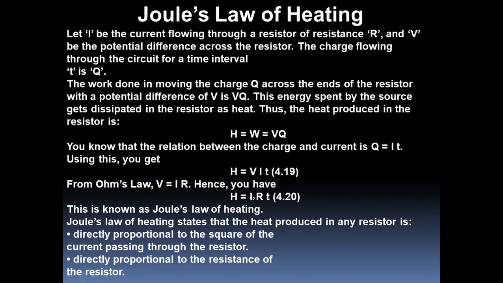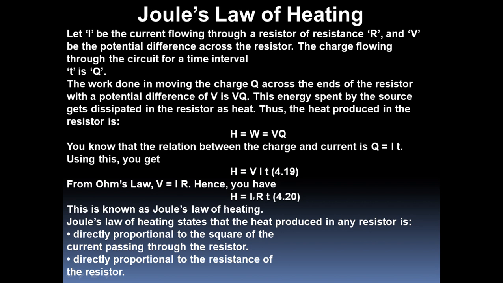Then the second point is that heat is directly proportional to the resistance of the resistor. So when the resistance value increases, the heat energy also increases. What is the working of a resistor? A resistor is a device which resists the flow of charges.